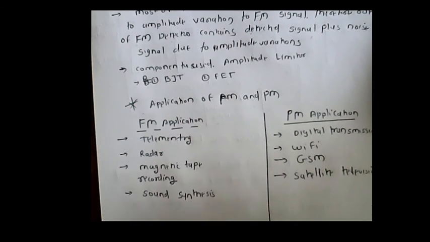If you observe the earlier cassettes available on magnetic tape, the recording of sound can be implemented by FM modulation. Then sound synthesis: the various sounds created when the recording is done are produced with the help of FM modulation.